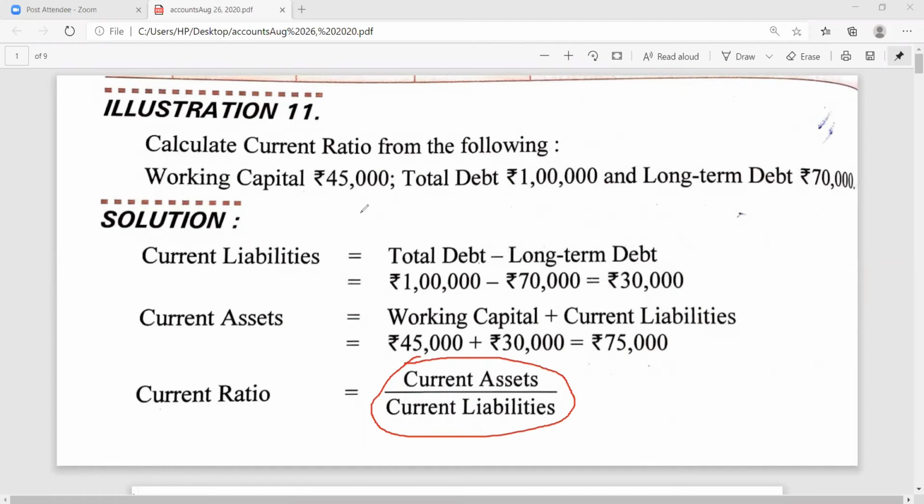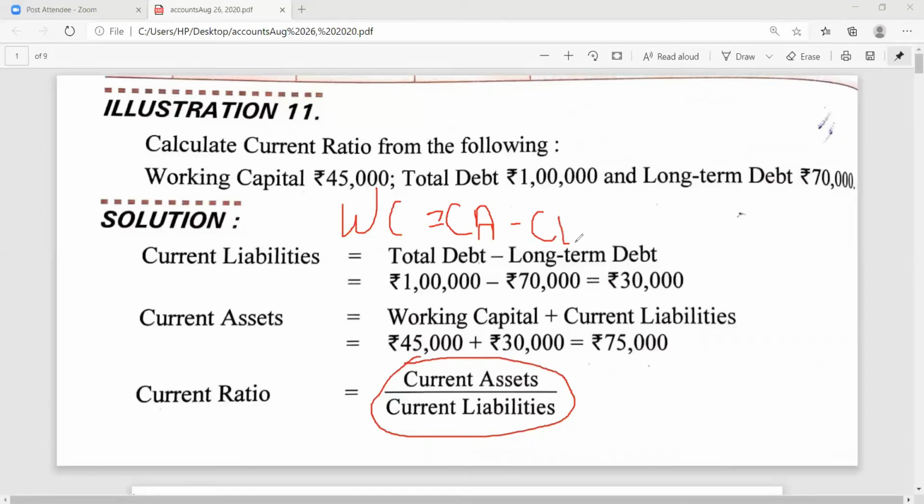For this, the formula, please write down in your books as well. Working capital is equal to current assets, CA is the short form, minus current liabilities.